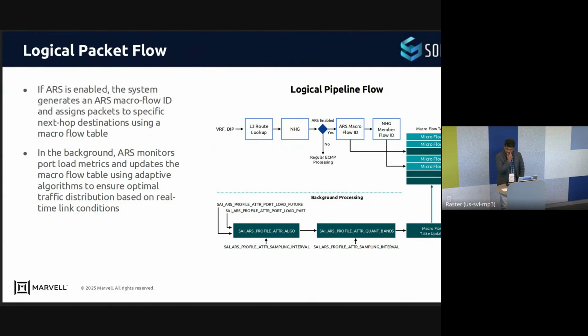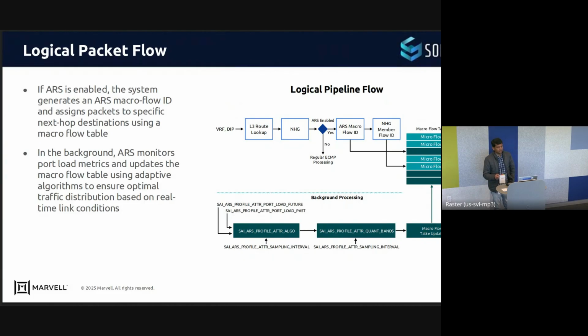The thing the user needs to be aware of when configuring ARS from the SONiC level is, especially in the case of a next hop group, how the next hop group is being handled in SONiC, either by the route orch or by the NH orch. There are certain things they need to be aware of while enabling ARS, which I'm going to cover in further slides, because the NHG is bound to the next hops and also to the interfaces.